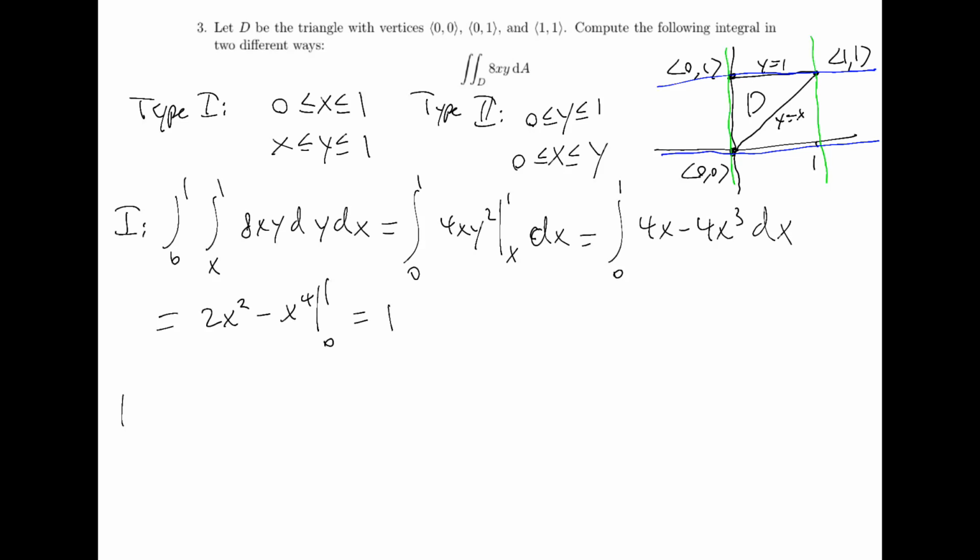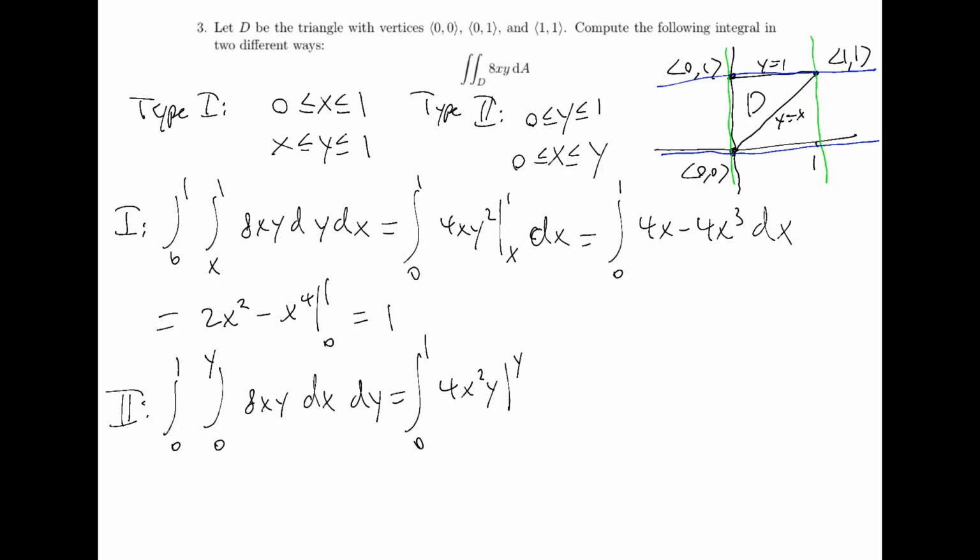Okay, let's also compute type 2, because this was also asked. So in type 2, we first have y from 0 to 1, and we have x from 0 to y. And we have the same integrand always, and now we have dx dy. Doing the inner integral, so let's leave the outer integral, that's the integral from 0 to 1. And we have to integrate with respect to x. So it's 8x, and remember y is a constant, so it's going to be 4x squared y between the boundaries y and 0, dy.